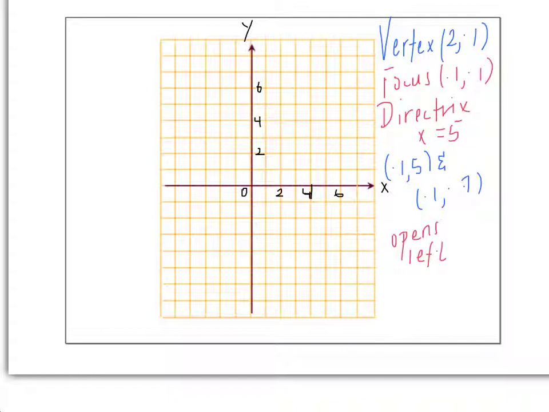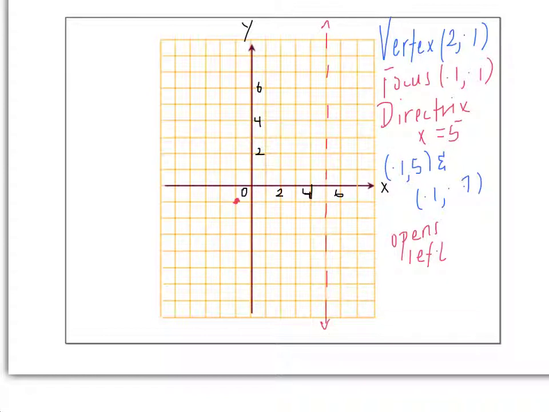And then I'll start to plot some of these. The focus at -1, -1 is here. Put this in pink since it's not really part of the parabola itself. The directrix is an imaginary line here at x equals 5. Again, not really part of the graph, but it helps us define the parabola itself.